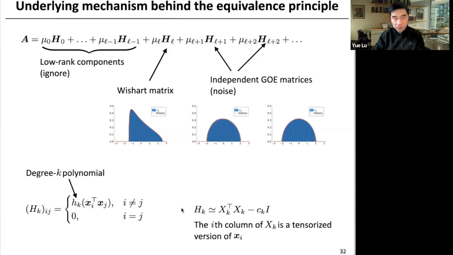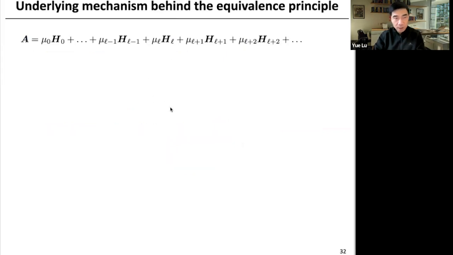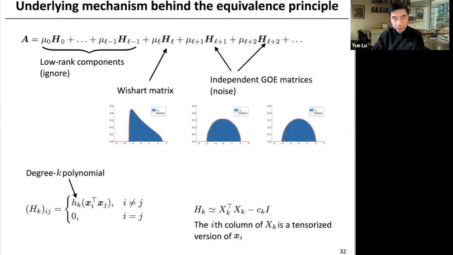Correspondingly, you can still write the kth order Hermite polynomial in the form of a sample covariance matrix. But the difference here is that each vector in this sample covariance matrix is not the original vector. It's a tensorized version of the original vector. But the underlying mathematical derivation is very similar, and that is the reason why we still have the Wishart ensemble. This is also the connection to our previous work, where each featurized vector is a tensorized version of some lower dimensional vectors.